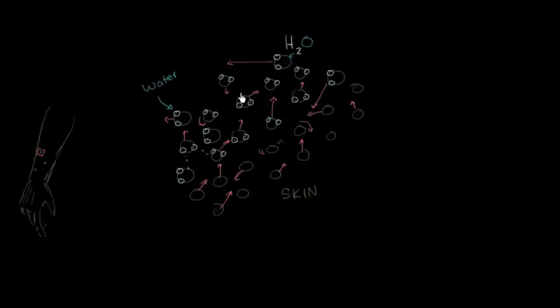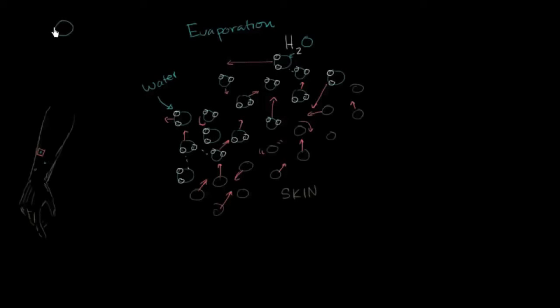But if one of these molecules is moving fast enough, and if it's moving in the right direction, it has a higher probability of being able to escape that droplet. This process of molecules escaping is what we refer to as evaporation. If a molecule has enough energy, it'll escape the bonds with the other water molecules and evaporate into the air.